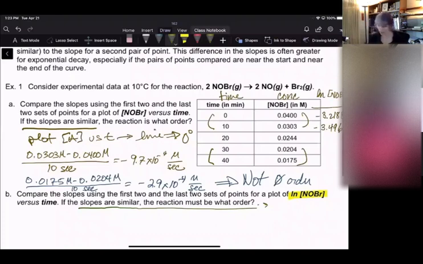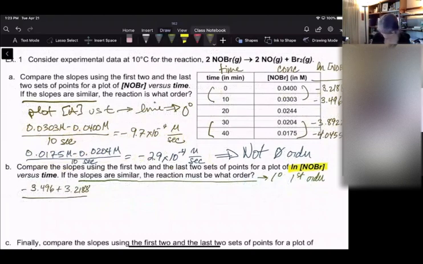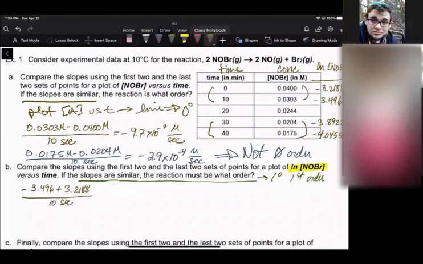First. First order. And all those time increments are 10 seconds. Yeah, so they all match.